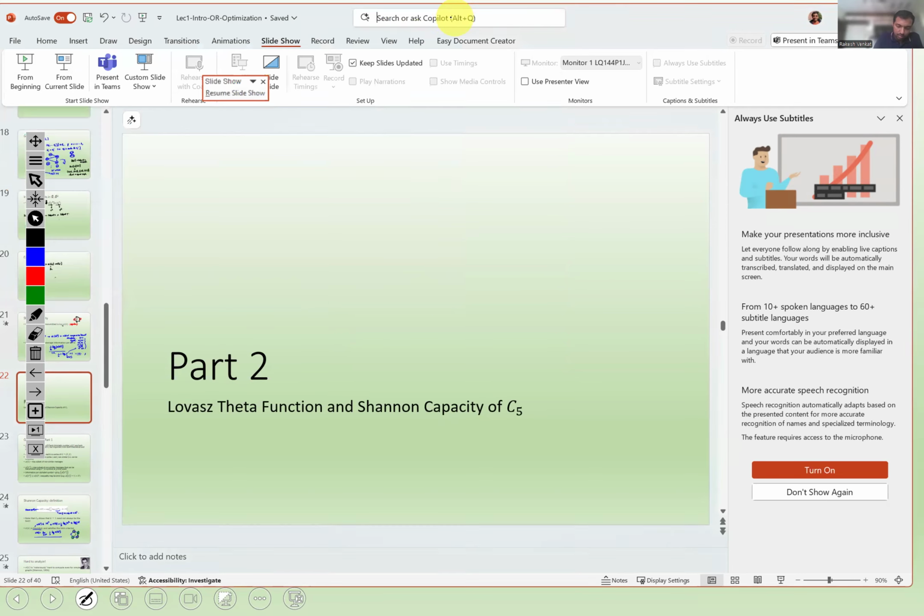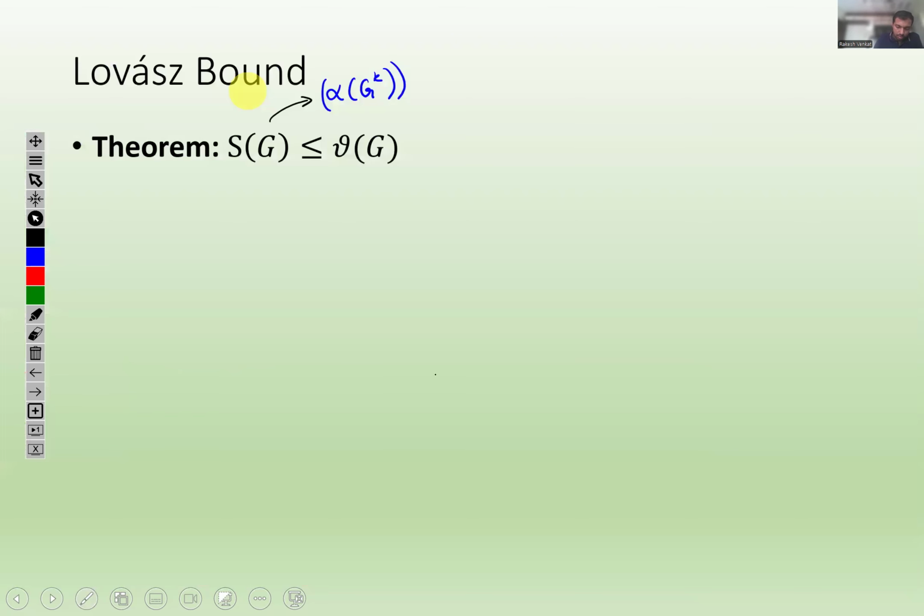S of g was the size of the maximum independent set in the kth power of the graph, raised to 1 over k. The main theorem that is going to be of use to us is that the quantity I defined, this geometric representation and its value, the optimal geometric representation, has a value that is at least the quantity that we are after, which is alpha of g^k raised to 1 over k.